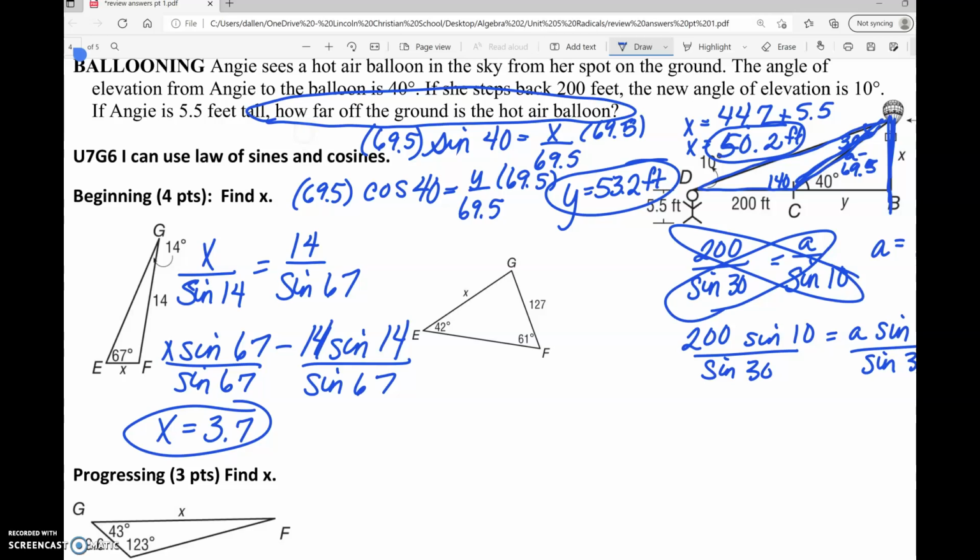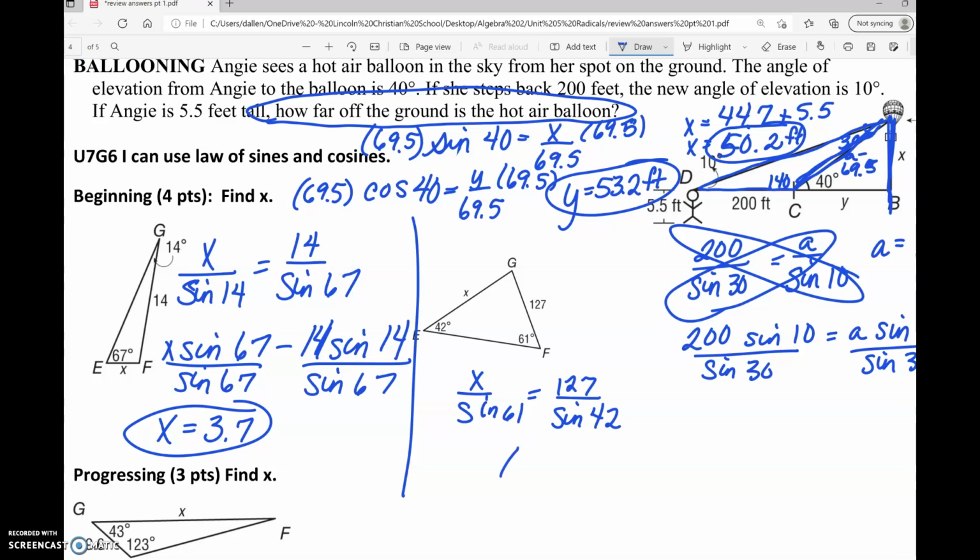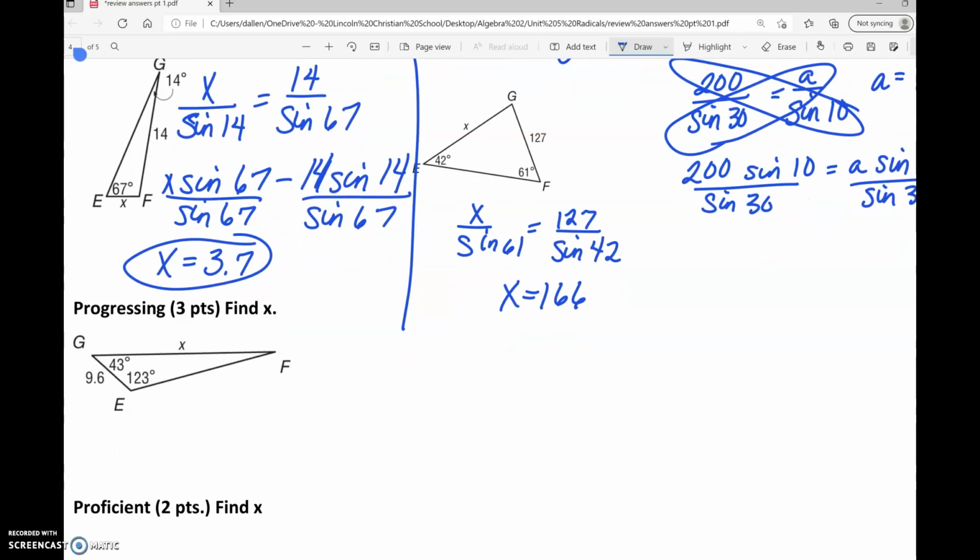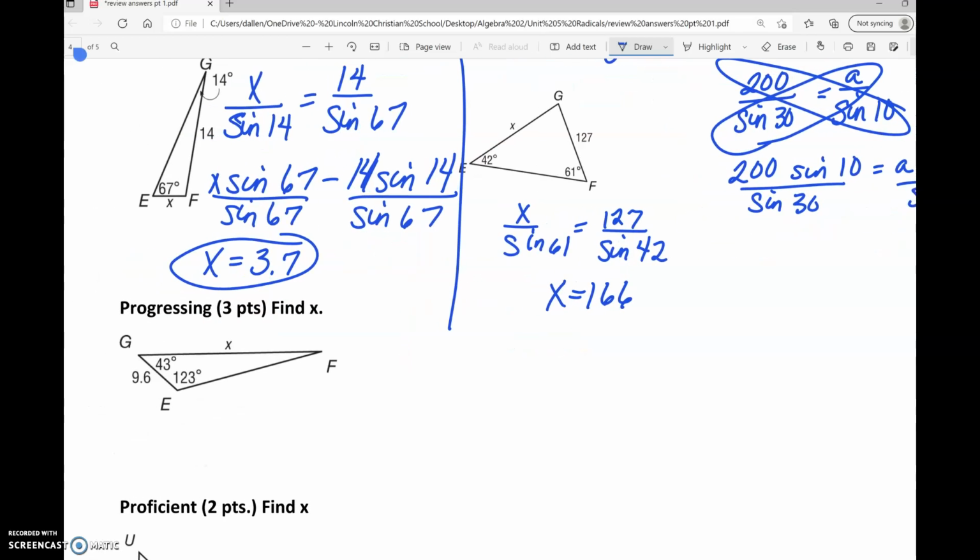All right, and then this one, same thing. X over sine 61 equals 127 over sine 42. Then cross multiply, and you should get x equals 166. Sorry, kind of going fast through that so that we can get to these ones.